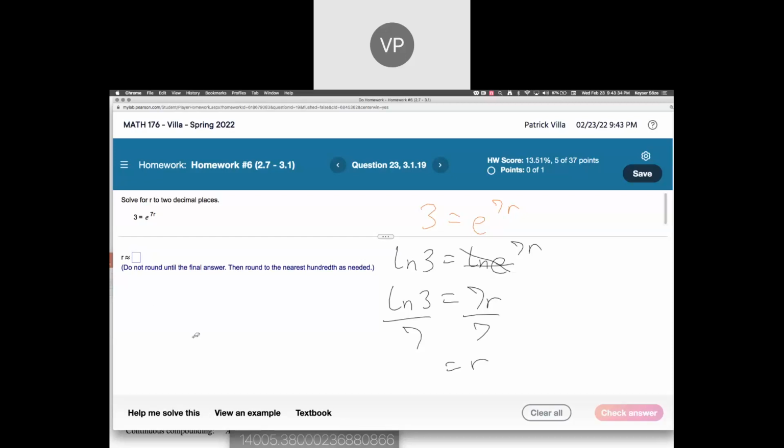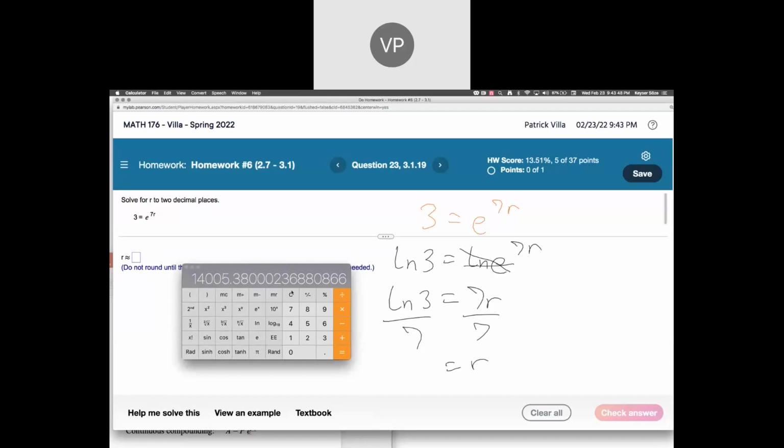And if you're wondering, in some classes, if you take another calc class, they may say leave it right here at natural log of 3 over 7. That's the precise answer. Here, when it says go to 2 decimal places, that's your permission, your go-ahead, to use your calculator. So how do I plug in natural log of 3 over 7? Hit the 3, hit the natural log, so this is the natural log of 3.